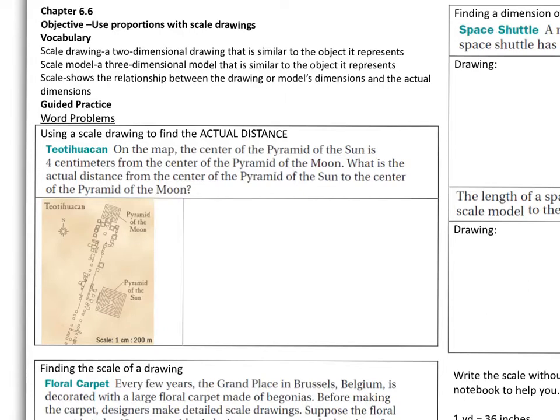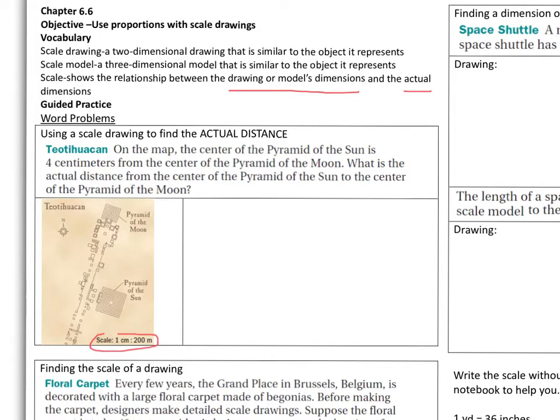And number 3, the scale, which just shows the relationship between the drawing or model's dimension and the actual dimensions. For example, in this picture in the first word problem, the scale would just be 1 centimeter to 200 meters. So 1 centimeter would just be the drawing or the model's dimension, and the 200 meters would be the actual dimension.